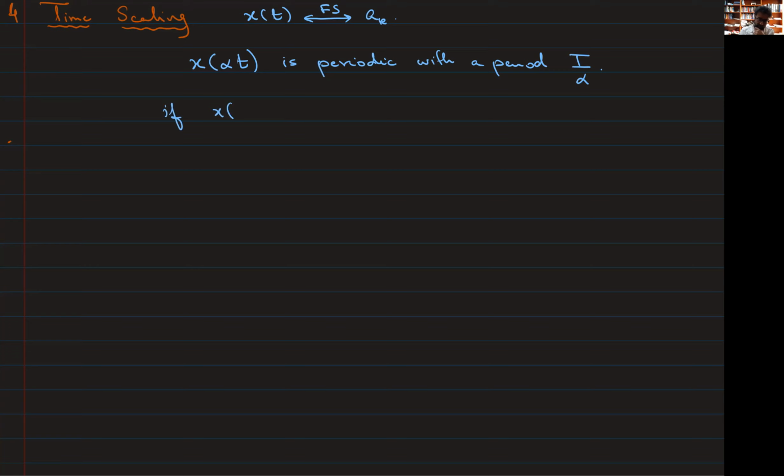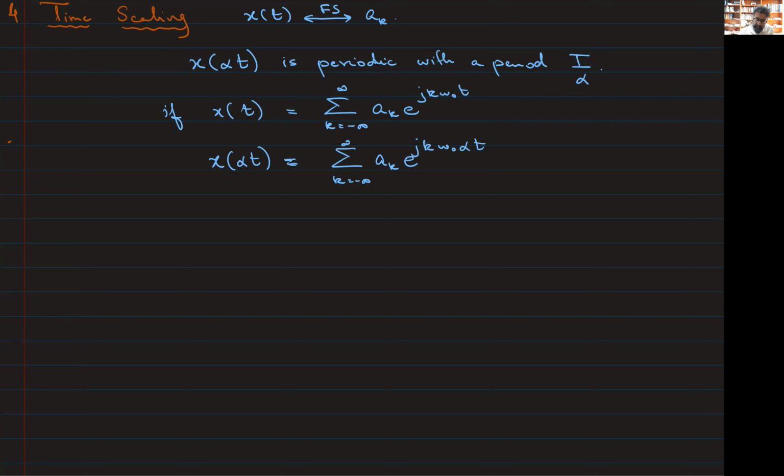If I just look at the synthesis expression, x of t equals the summation k going from minus infinity to plus infinity of a k times e raised to the power j k omega naught t, I just plug in alpha t to get x of alpha t from the synthesis equation. I would still get the summation where all I do is replace t with alpha t.